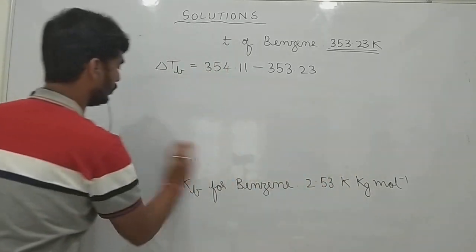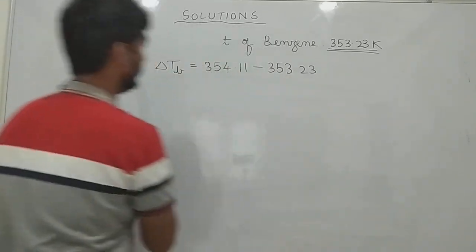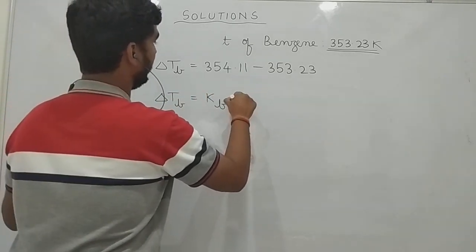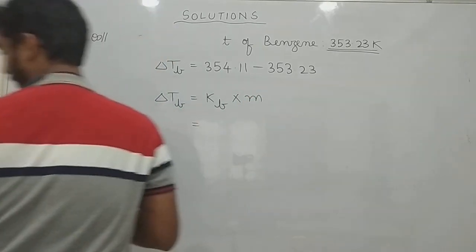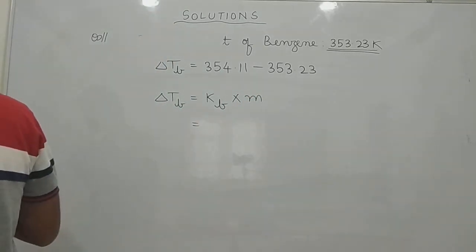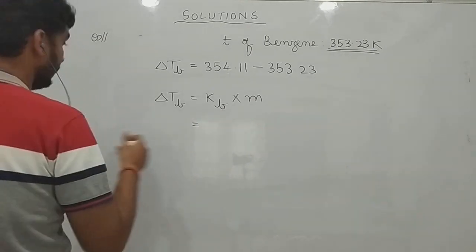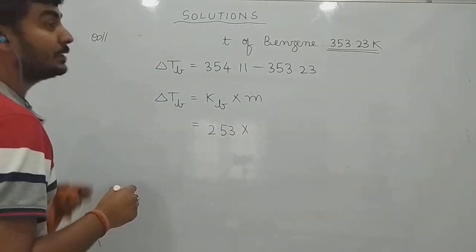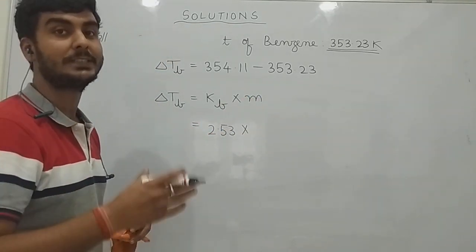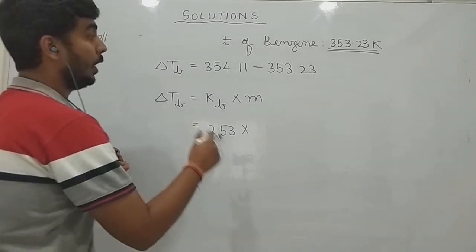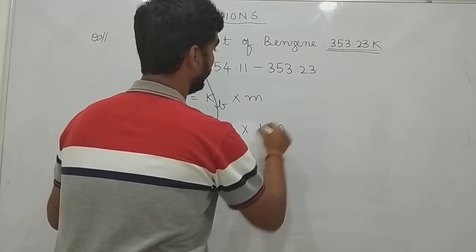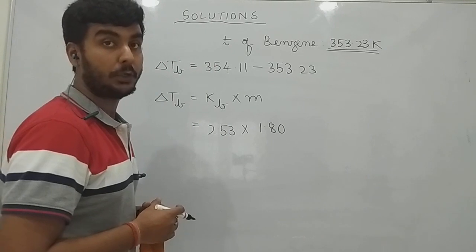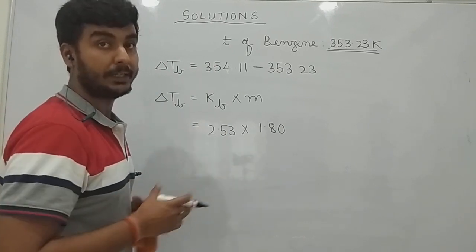Now delta TB is equal to Kb into molality of the solution. Kb is given in the question: 2.53 into molality of the solution. What is molality of the solution? Number of moles of solute present per kg of the solvent. So 1.80 gram of that non-volatile solute was dissolved in 90 gram of benzene.